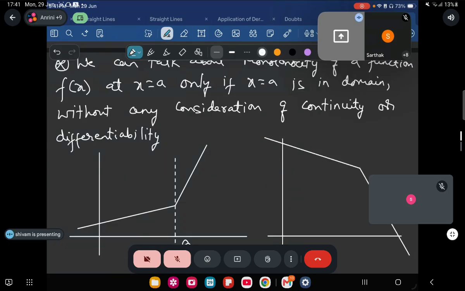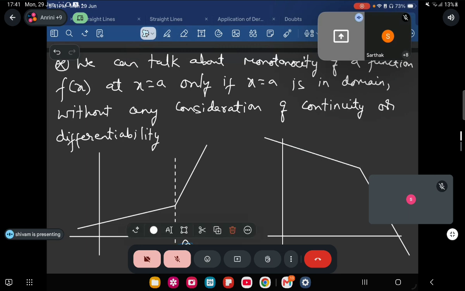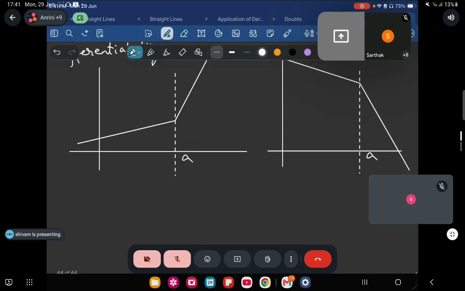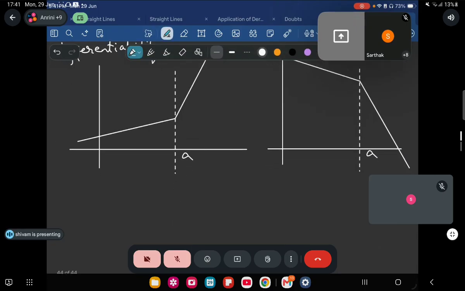Yes, of course. Because at x equal to a, the first function is increasing, second function is decreasing. So even if the function is not differentiable, we can conclude whether the function is increasing or decreasing.